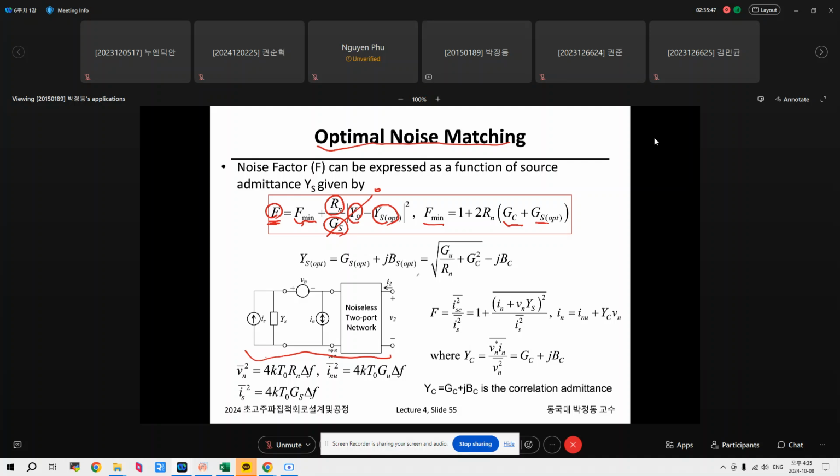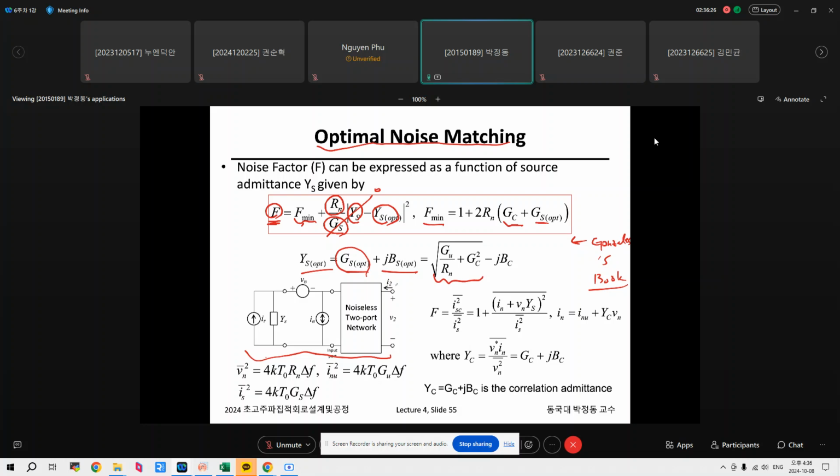YS opt is GS opt plus j BS opt, and this is in the Gonzalez book. If you are interested, please take a look at it. You represent YS opt in this way, and GS opt is calculated to be this.